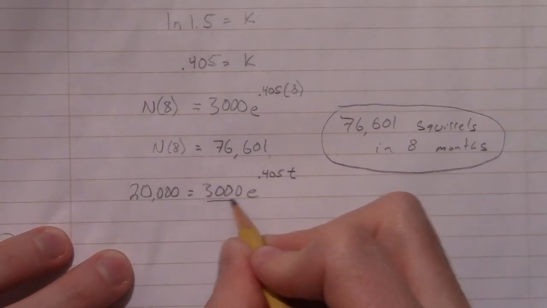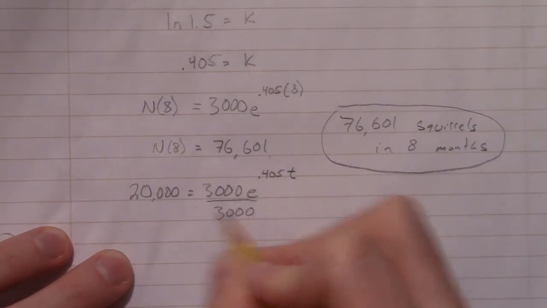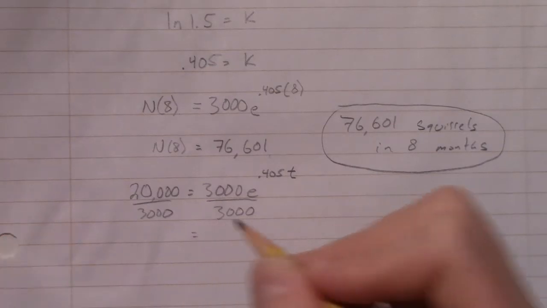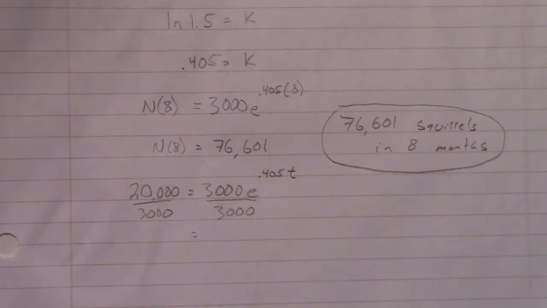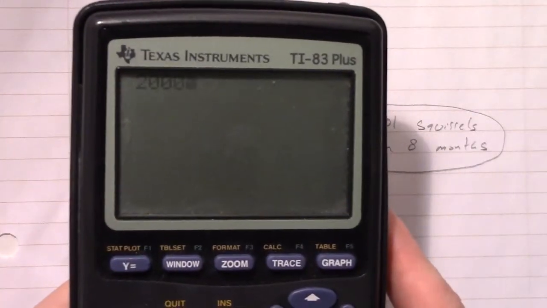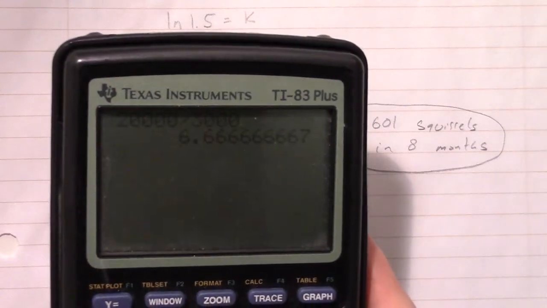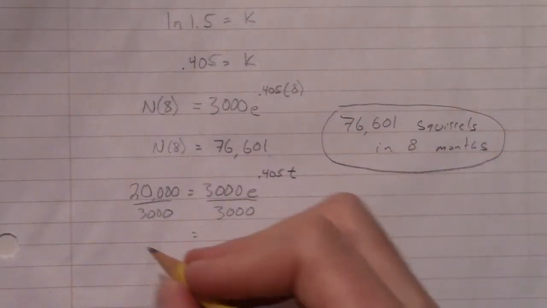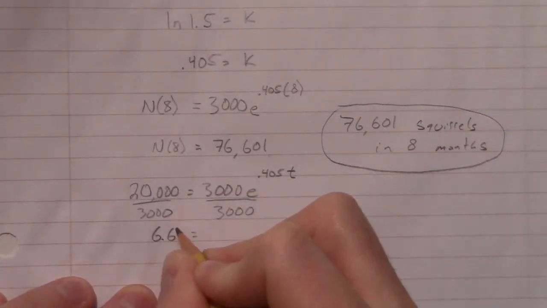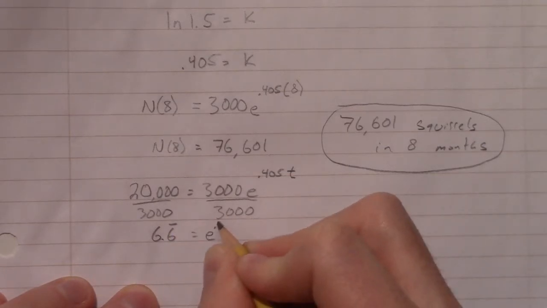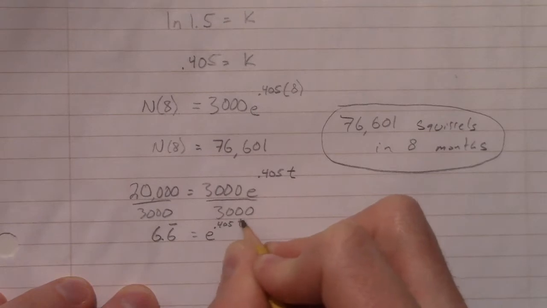And I'm going to do that in a very similar way to how I found k earlier. I'm going to isolate the exponential by dividing by 3,000. And I just plug 20,000 into my calculator, divided by 3,000, and you get 6.6 repeating. I'm going to write that down exactly, 6.6 repeating equals e to the power 0.405 t.